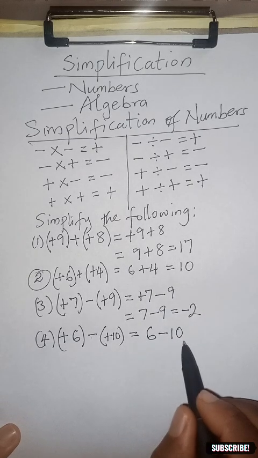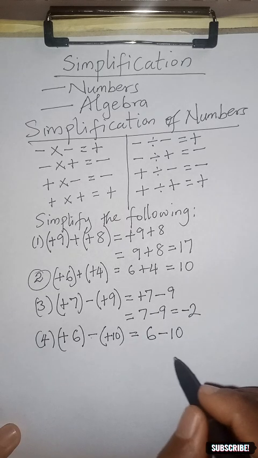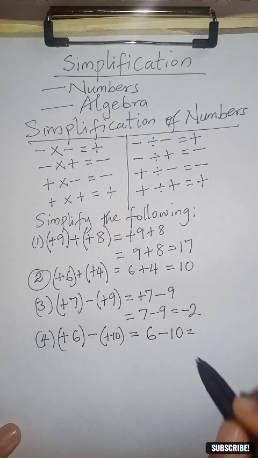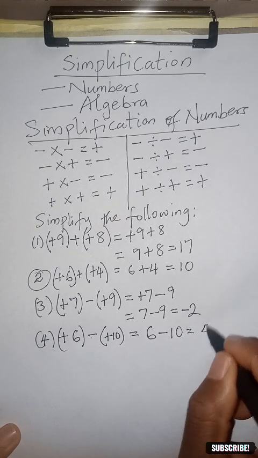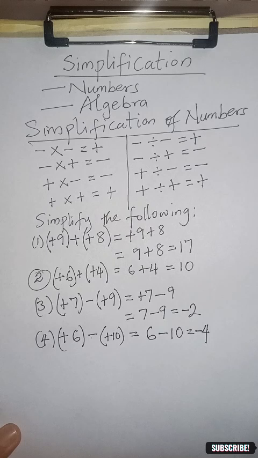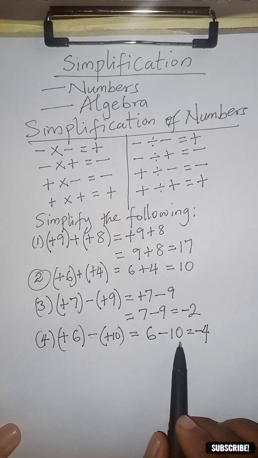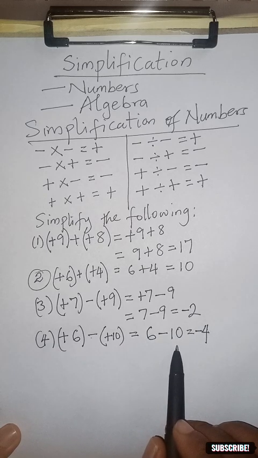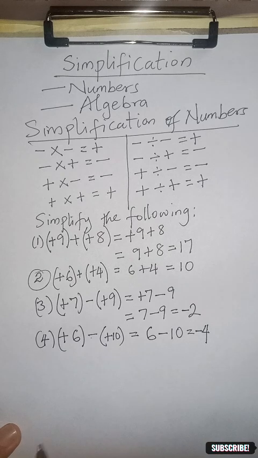Again, 6 is smaller than 10 and is subtracting 10. So in this case, what you do is to simply use the 10 to subtract 6, and that is 4, and attach a minus to the answer. So recall, whenever a smaller number is subtracting a bigger number, do the normal subtraction process and put a minus sign attached to the result.